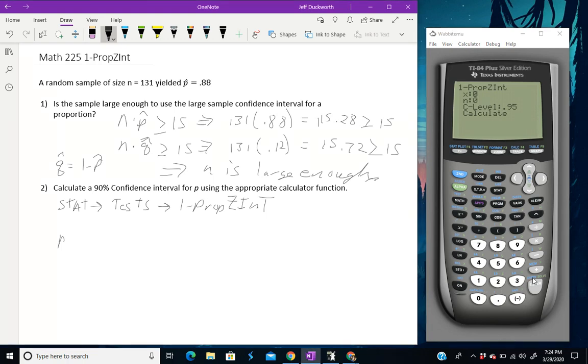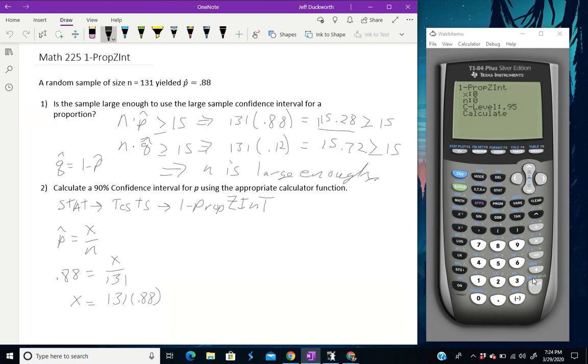Note that p hat equals x over n. And that means we've got two of those things, right? So 0.88 is p hat, and that equals x over n, in this case 131. So that means x equals 131 times 0.88, which we can see above.